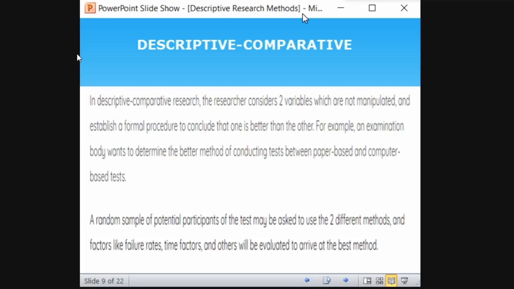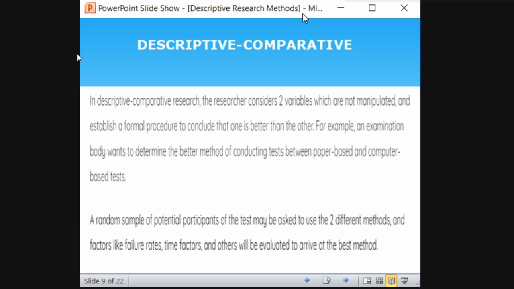See, the variables are not manipulated, but I am giving you two different kinds of methods to determine which method is best. Okay, so based on factors like failure rate, in paper-based some might find it easy to write, in computer-based some might find it easy. So it depends upon the individual. Based on the overall score, failure rates, and time factors, in paper-based you might complete within time, in computer-based, without knowing, you might not be able to complete, as time will be running.